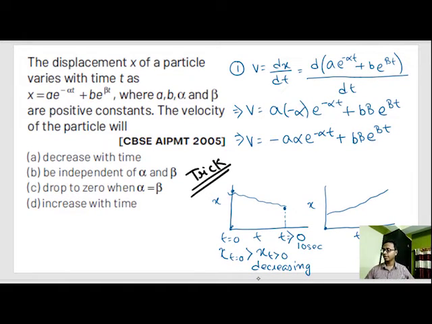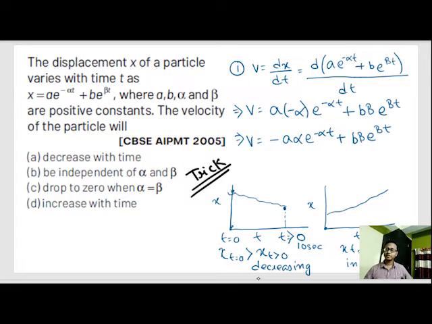Similarly, if x at t equals 0 is less than x at t greater than 0, the graph is increasing.